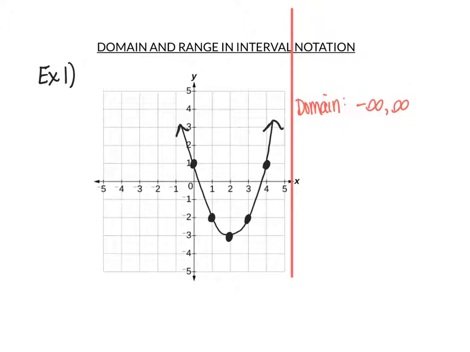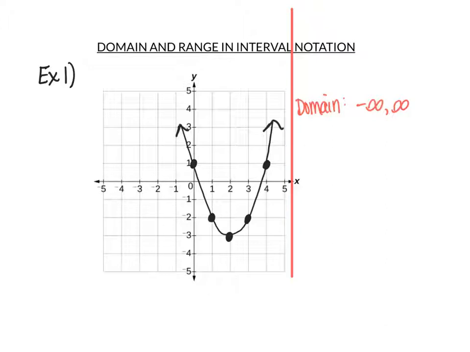Now, something I left off is that at this location right here and this location here, you need to determine if you are going to write a parenthesis or bracket. You will write a bracket if the number that you are considering is included as the final number in your domain. However, infinity isn't a number.